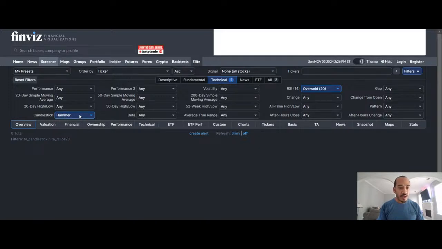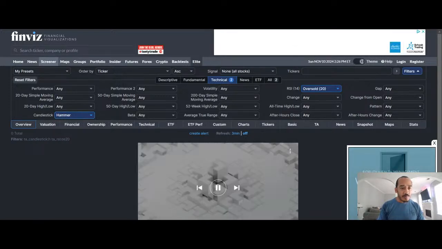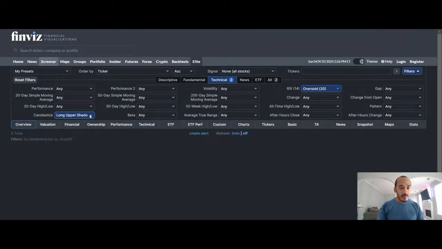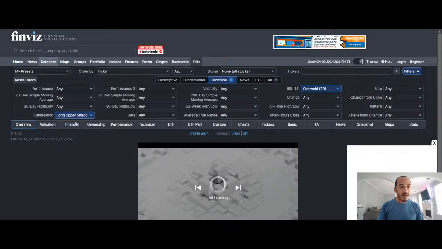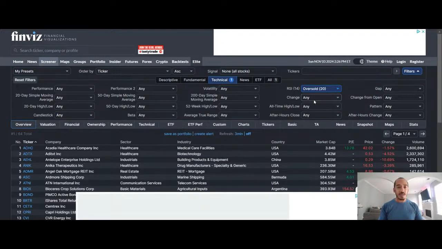No hammer candlestick in that criteria. Long upper shadow. Let's try that. Nothing. All right. So we're gonna go for any right now. All right, so we got a lot of oversold stocks.